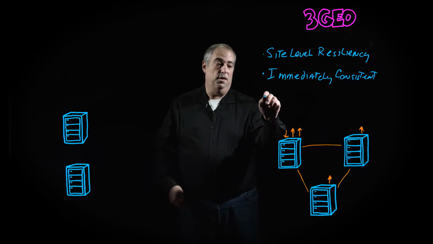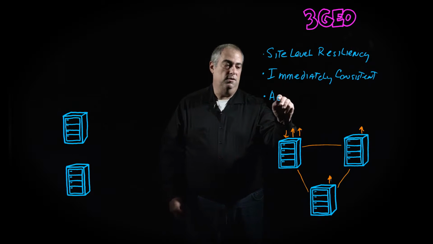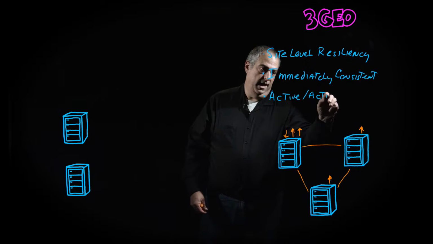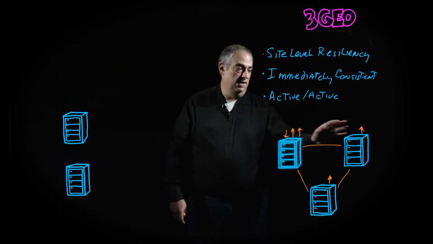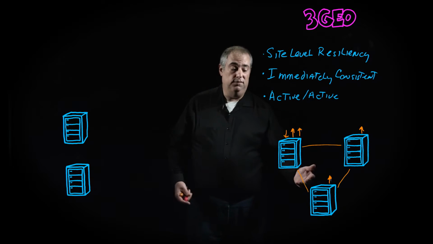And this gives us a third benefit to the system. These derive from one another, but that third derived benefit is that you can deploy it in something called an active-active deployment model, meaning that data activity can happen at any of these 3 sites, and it can happen at all of them.